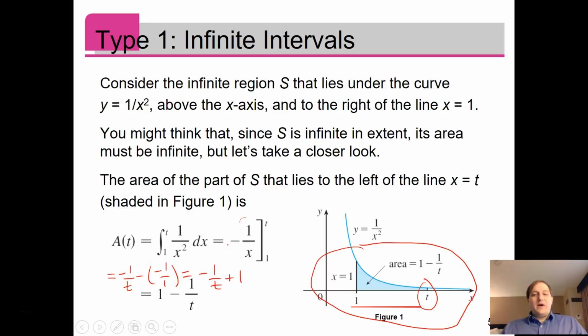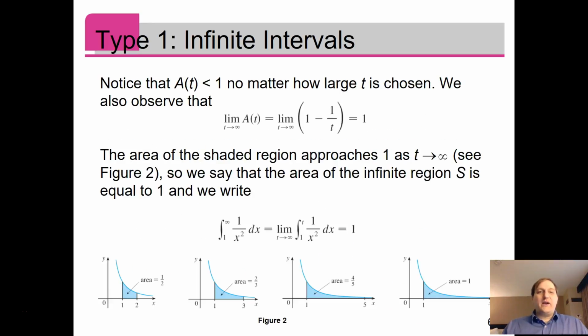Now the question is what happens as t goes to infinity. We know first off that A of t is always less than 1. We have 1 minus 1 over t. t is a positive number, and so 1 over t is a positive number, so we're subtracting a positive number from 1.